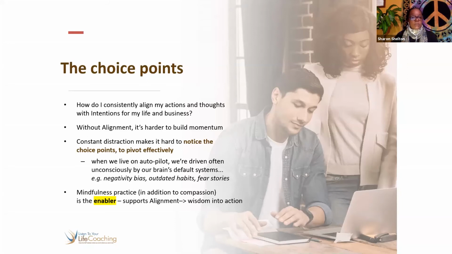So the key is to reclaim our attention, to pay attention so that we can notice what those choice points are. Now that we've talked about what we want our businesses to be about, and we've identified what alignment would look like, what we have to do on a regular basis, what we'd have to think on a regular basis, we have to notice when we have the opportunity to do that. So mindfulness practice, in addition to compassion, because it's important to be aware of what our current experience is, but if we're continuously judging ourselves for it, then that's not helpful, right?